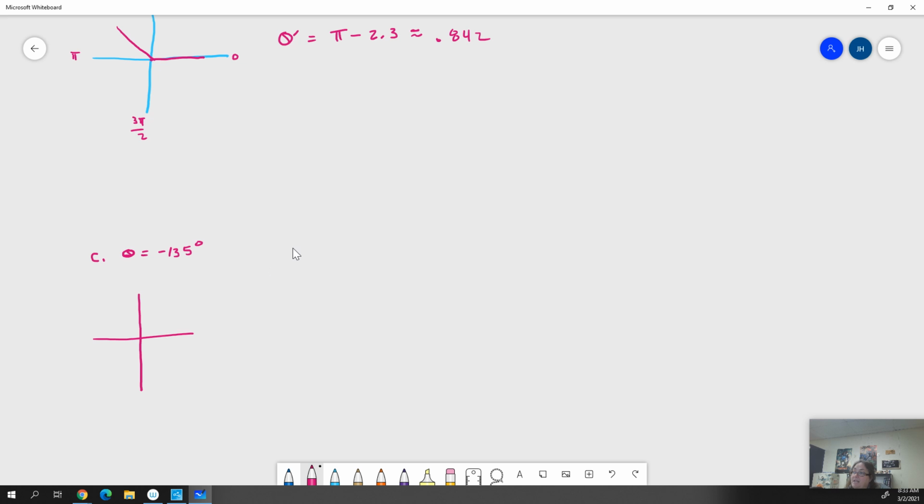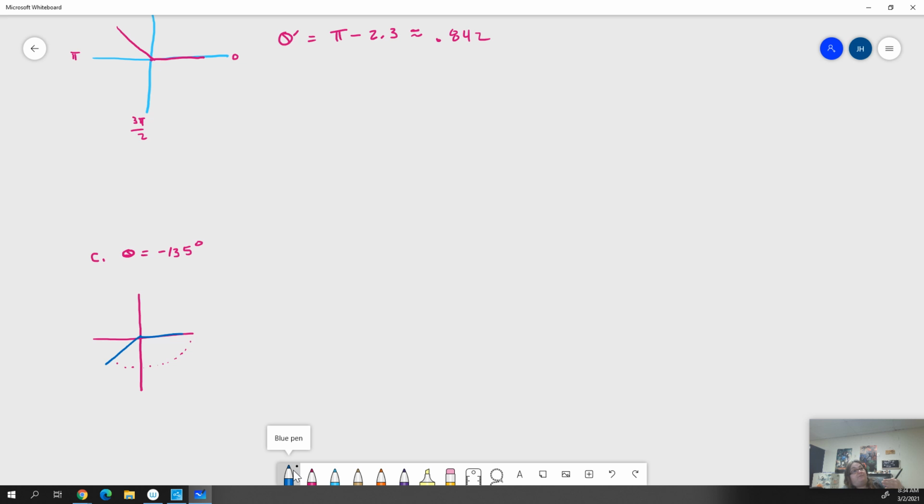It's saying that I am taking this 135 degrees in this direction. That's going to fall somewhere in here, right? Because to go all the way here would be 180 in this direction. So it's going to lie between 90 degrees and 180 degrees in this direction. Doesn't matter exactly where. So we'll say over here is our negative 135.